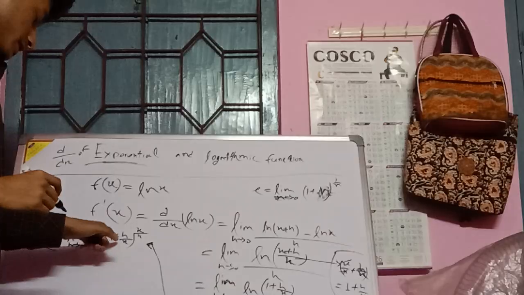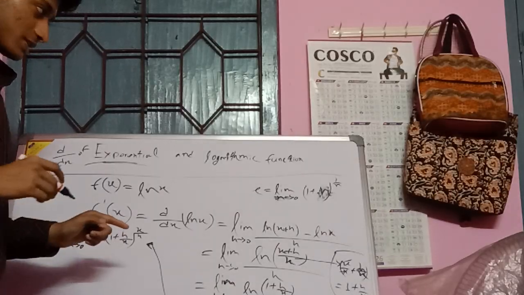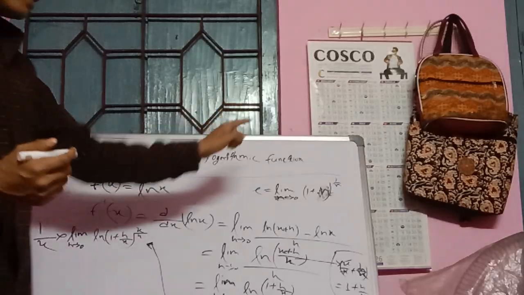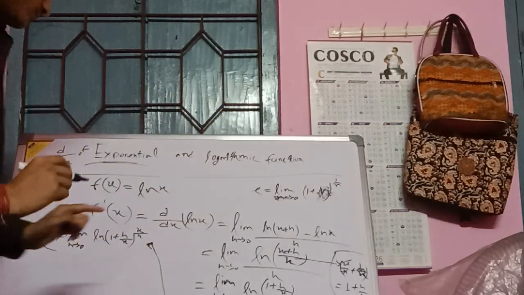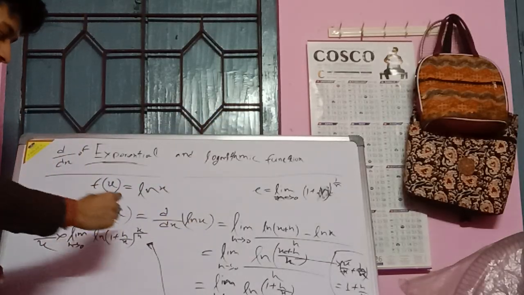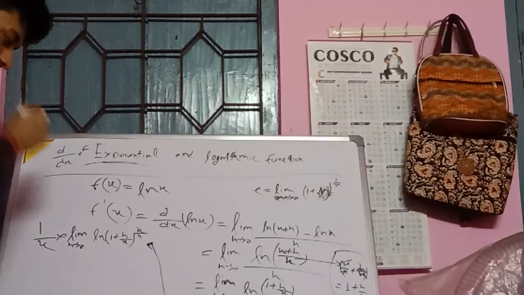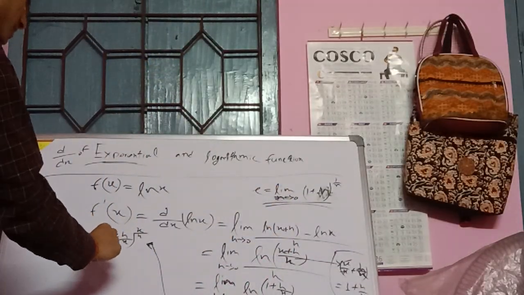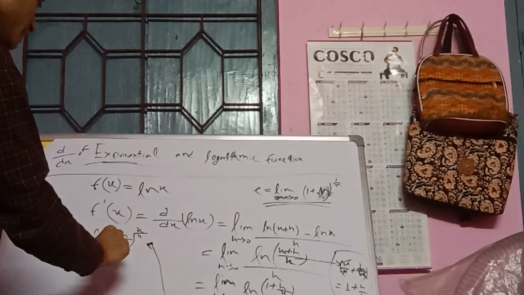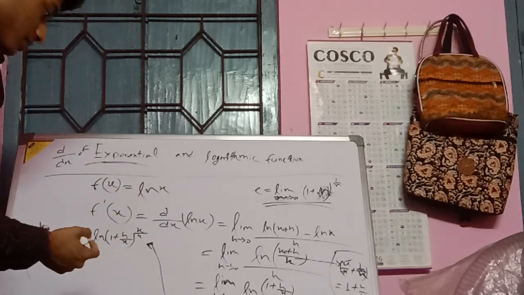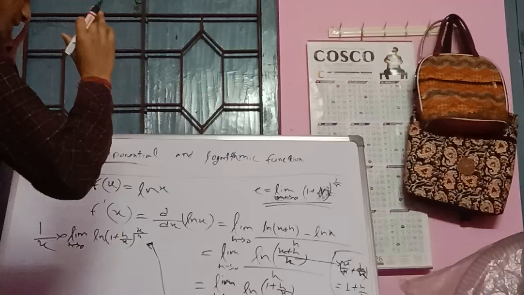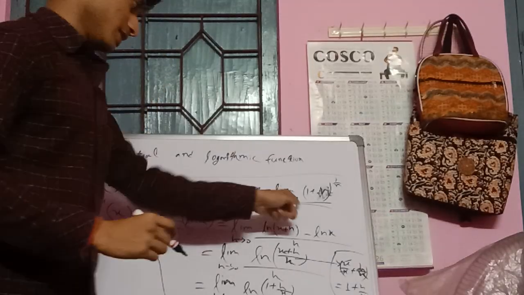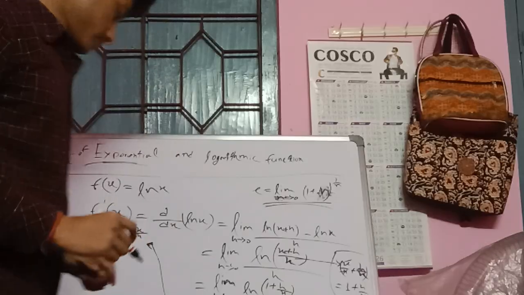So let h by x equal n. So x by h is what? It is 1 over n. If h by x is n, then x by h should be 1 over n. So this just looks like this, doesn't it? We have a function here, 1 plus a number, and we are raising that whole thing to the reciprocal of that number. Just like here, this is the definition of e.